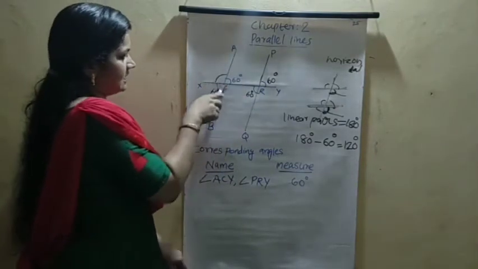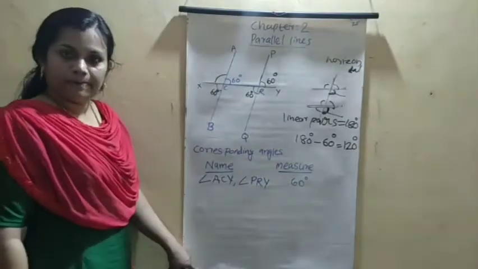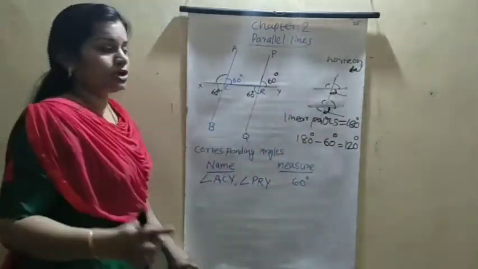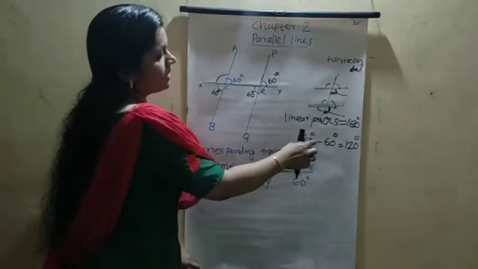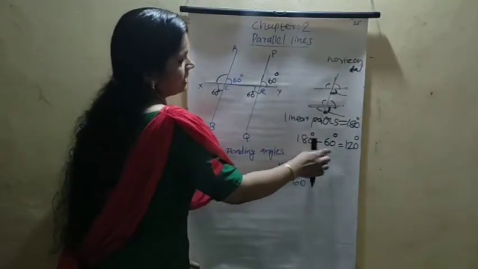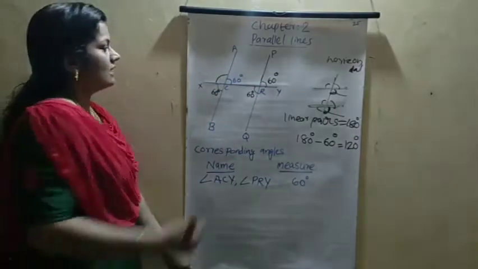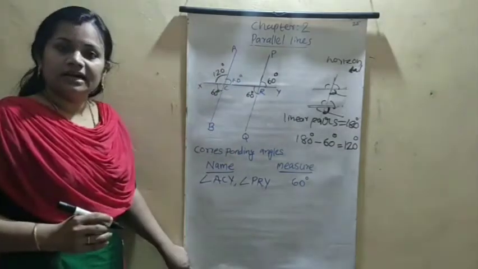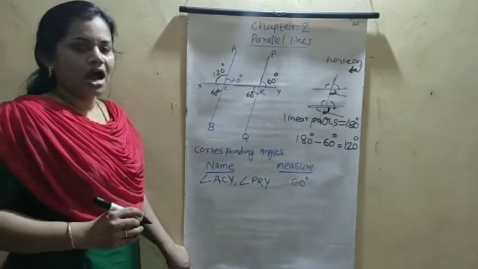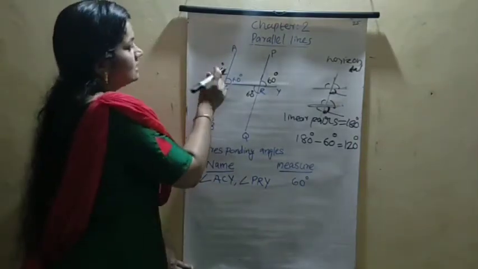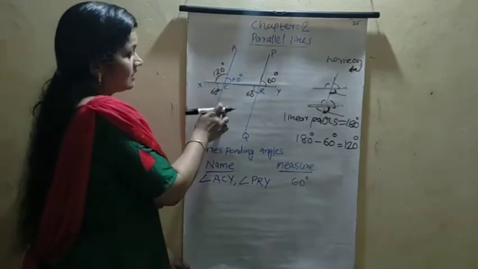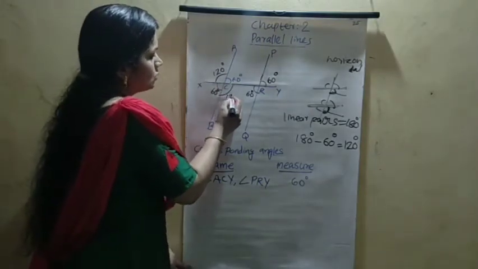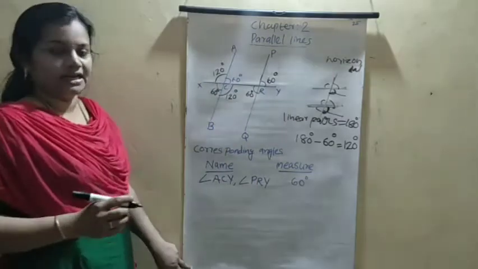ACY and ACX are a linear pair. Linear pairs make 180 degrees, so we subtract: 180 minus 60 is equal to 120 degrees. This also we got as 120 degrees. Understood? We used the same definition: opposite angles are equal, so this is also 120 degrees.